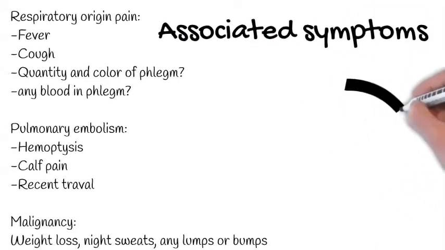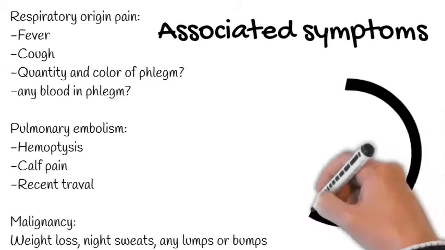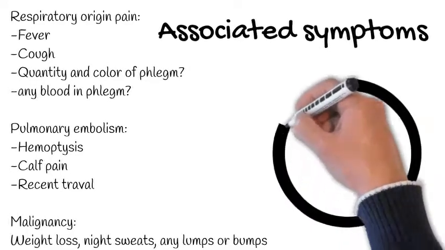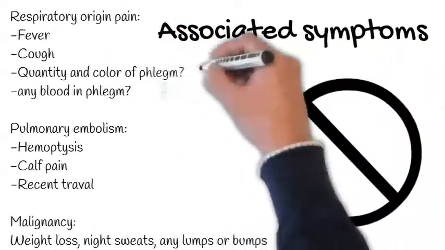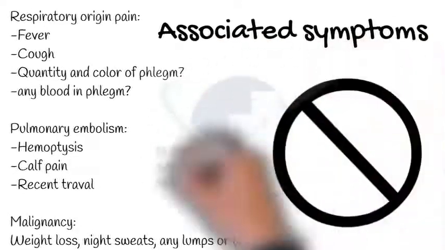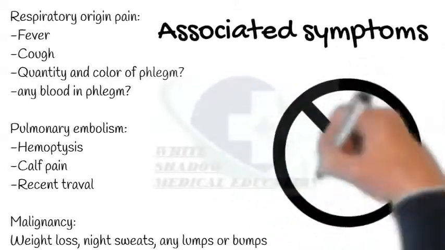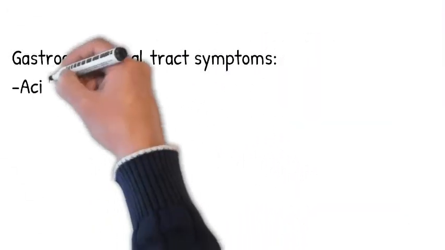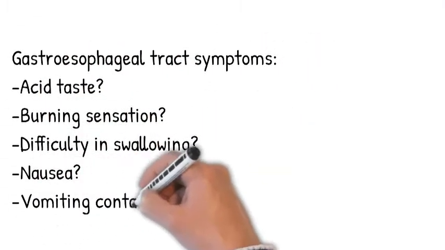Furthermore, pulmonary embolism. Ask about any blood in the phlegm, any calf pain or swelling, any recent travel or history of immobilization like any recent surgery. Moreover, malignancy. Ask about any recent weight loss, cough, night sweats, any lumps or bumps. Next, ask about peptic ulcer disease. Have you ever had vomiting containing blood, or any black-colored stool?